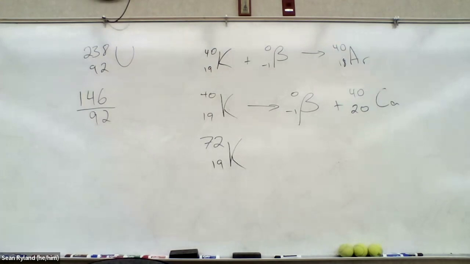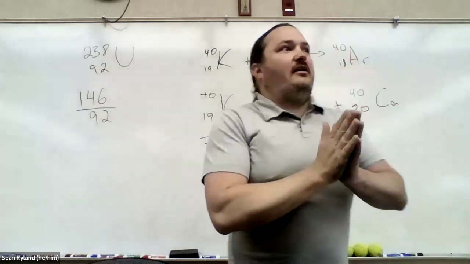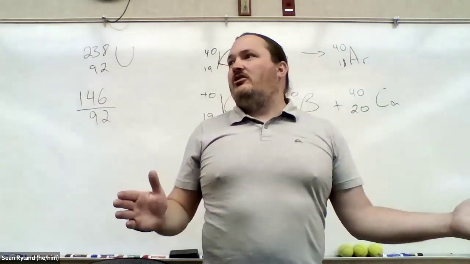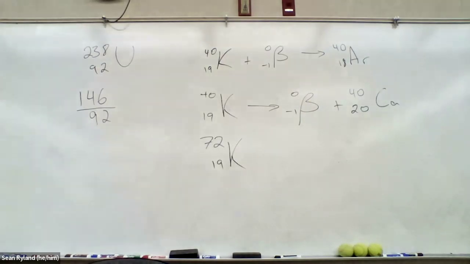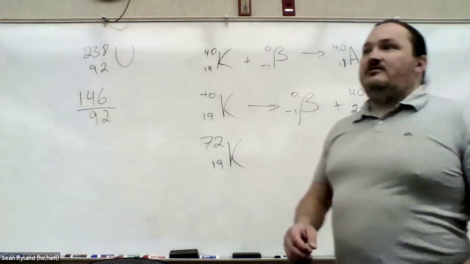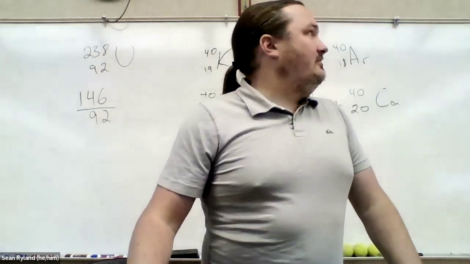So if we know that getting to this valley of stability is where we get stable isotopes, we can think of these reactions as always just trying to get closer to one of those stable isotopes. So if you're on the upper left quadrant here, that means you've got too many neutrons relative to your number of protons.